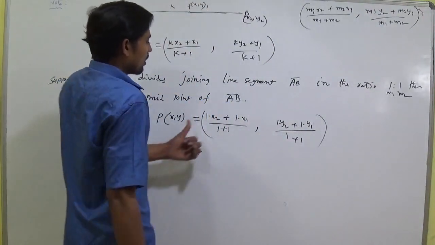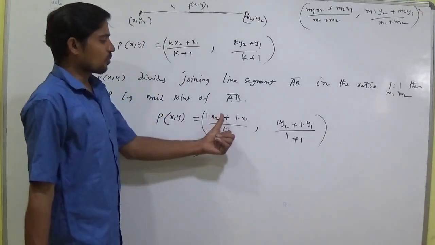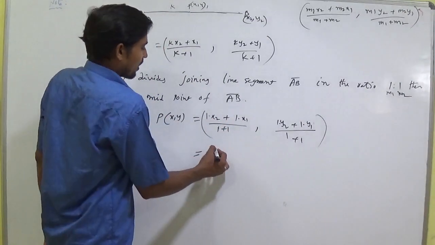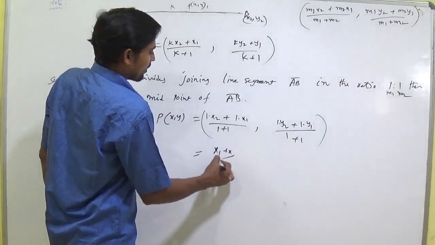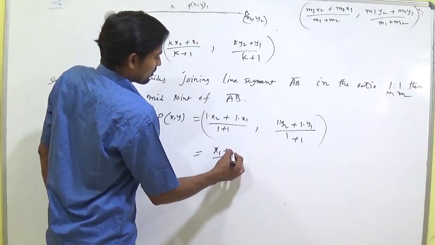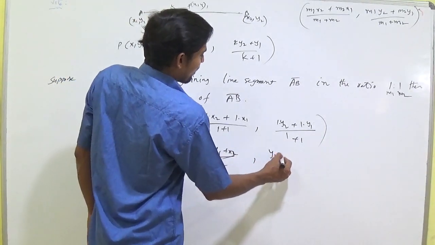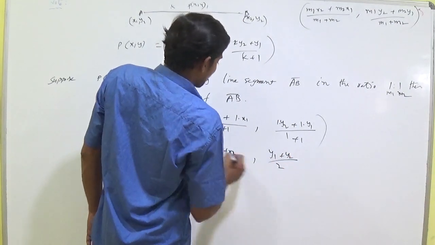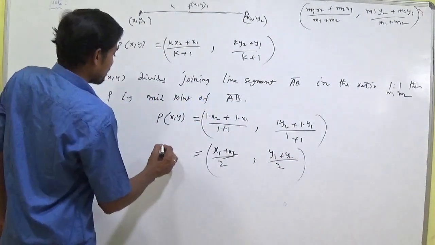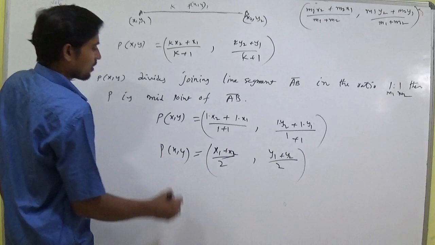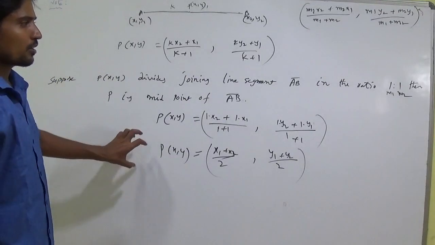This is x2 plus x1, that can be written as x1 plus x2 by 2, comma y1 plus y2 by 2. P x comma y equal to P is a midpoint.